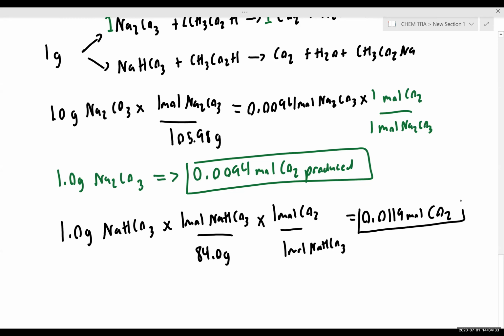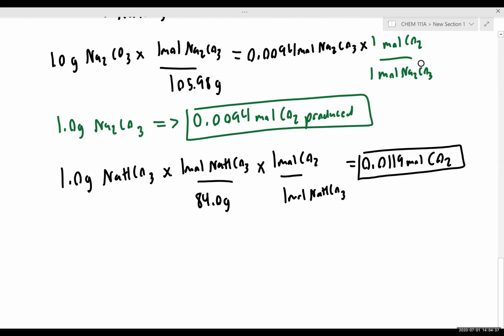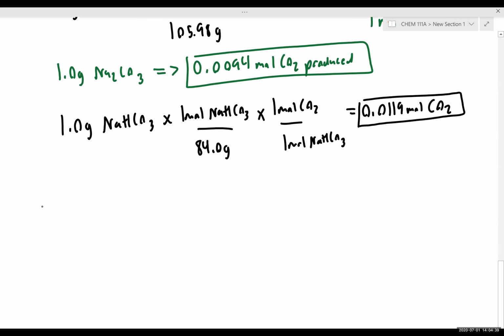Okay, so now that we have the moles of carbon dioxide in each trial, let's write down what we know so far. The volume of carbon dioxide will be measured. The pressure of carbon dioxide, which is equal to the atmospheric pressure minus the pressure of water, we calculate to be 0.95 atmospheres.